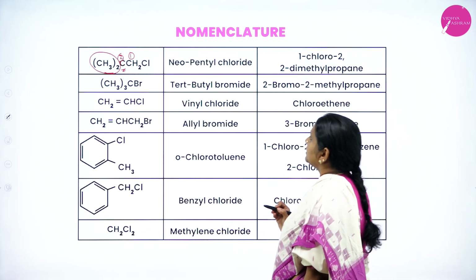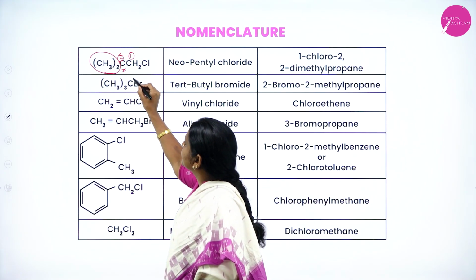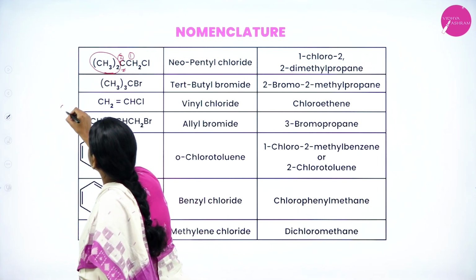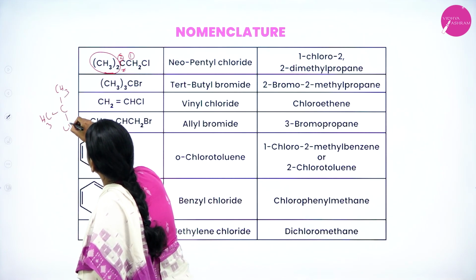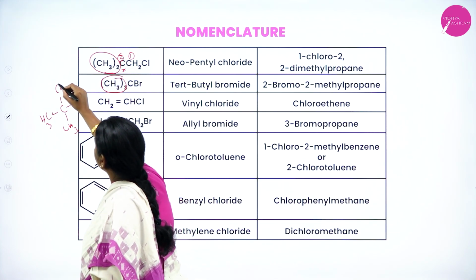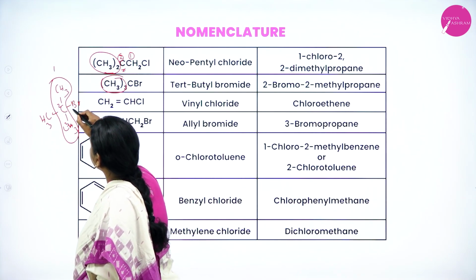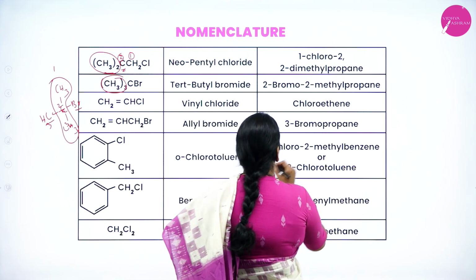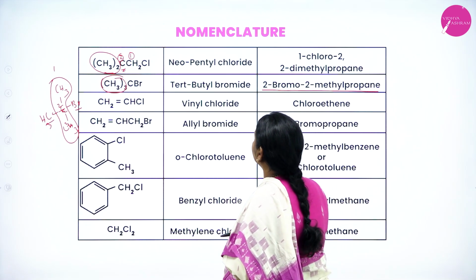Here, observe CH3, Br. If I consider this as the parent chain, 1, 2, 3, in the second position we have bromine as well as methyl: 2-bromo-2-methylpropane.